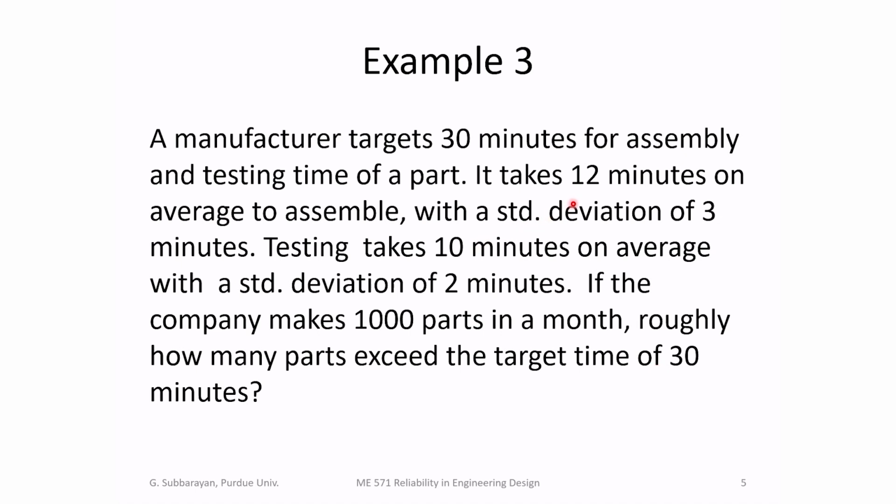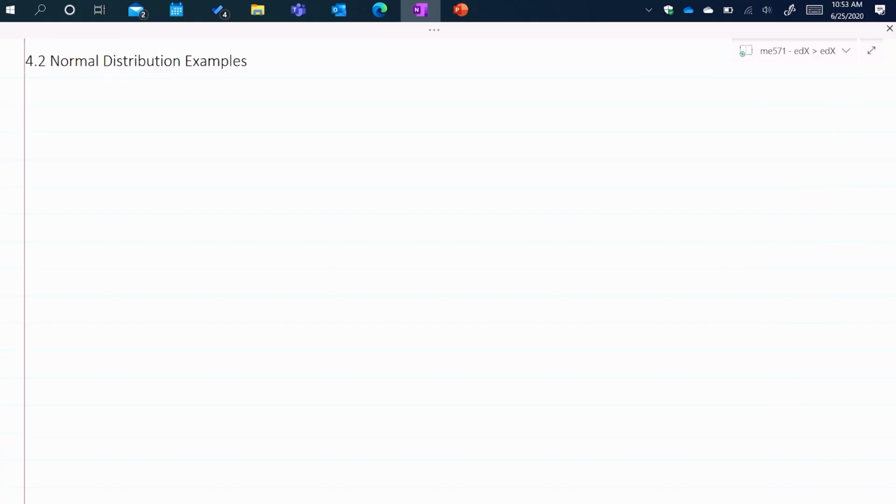We're given that the total time is the sum of the time to assemble and the time to test. And then we need to estimate, from the statistics of these two, the probability that the total time will exceed 30 minutes. Okay, so let's do this.